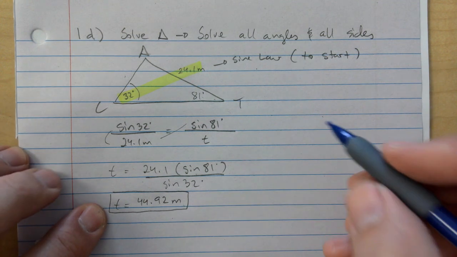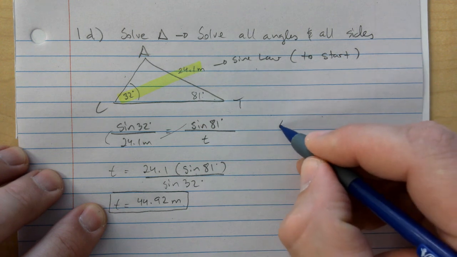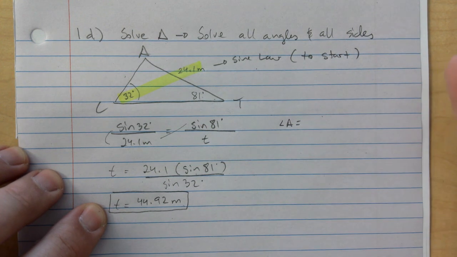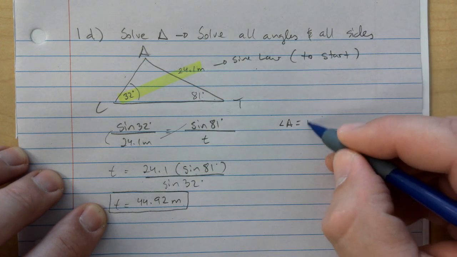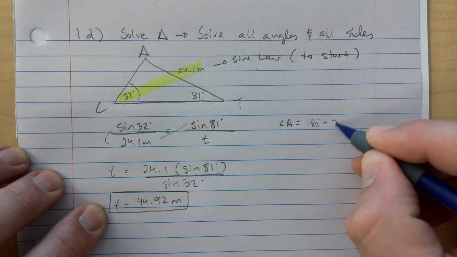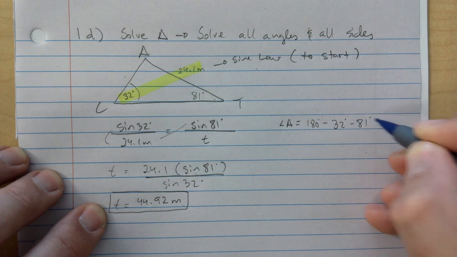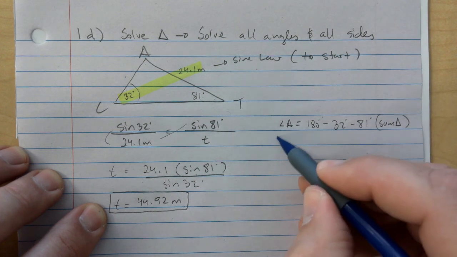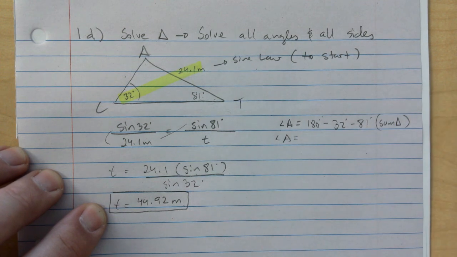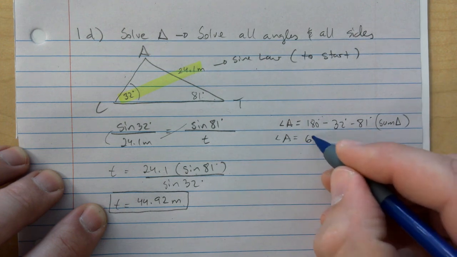We have that. And then next we're going to solve for angle. Maybe that's the first thing that you should have done, is solve for angle A. Angle A is 180 minus 32 minus 81. Sum of triangle, right? 67 degrees.